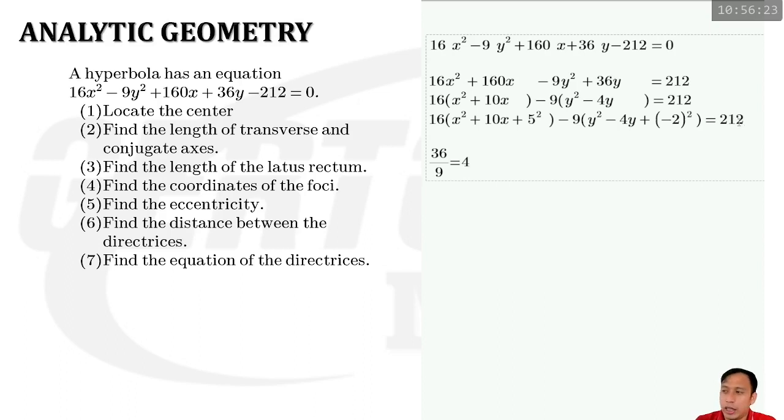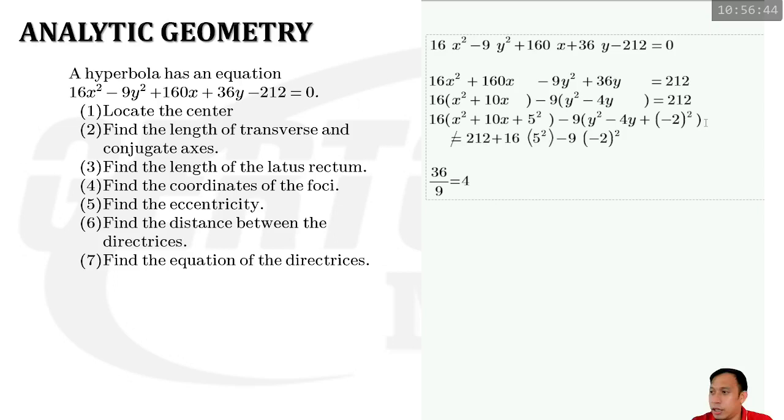And since we added them, we should also add it at 212 plus 16 times 5 squared, then minus, take note ha, minus 9 times negative 2 squared. Okay? So, i-take note yun.